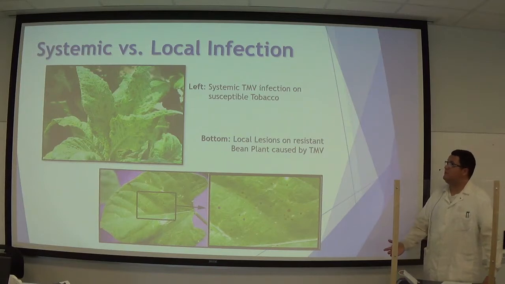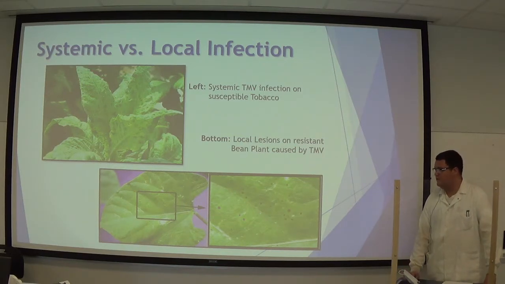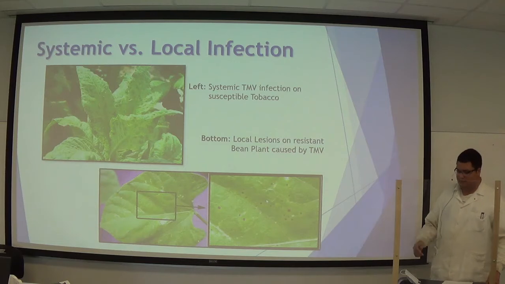So you could say that's just a local infection or a local lesion. And you can see all these tiny little dots, similar to some of the tobacco plants we have in the back there. All these tiny dots were cells that were at one point infected, and the plant was able to kill those cells before the virus could replicate and spread.